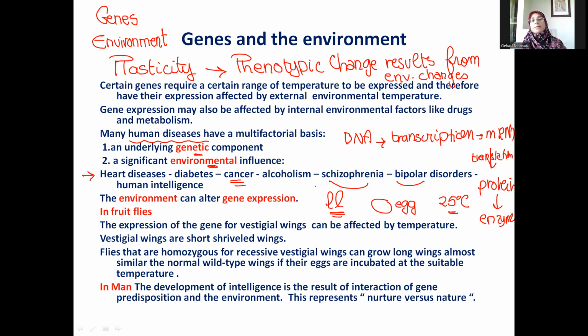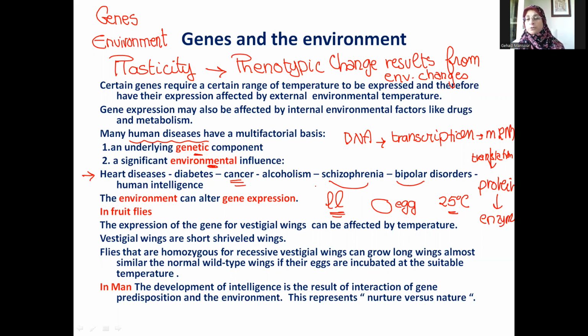The same applies, for example, to intelligence in human beings. Maybe you have genes for being intelligent, but you are not raised in an environment that helps you develop this intelligence, whatever kind of intelligence it is. And this always raises the issue of nurture versus nature.